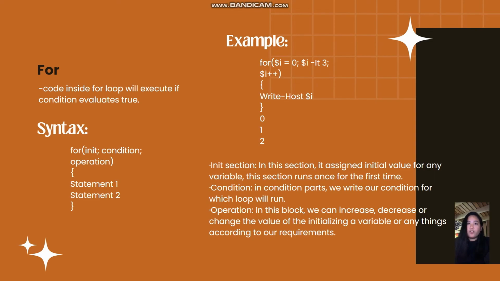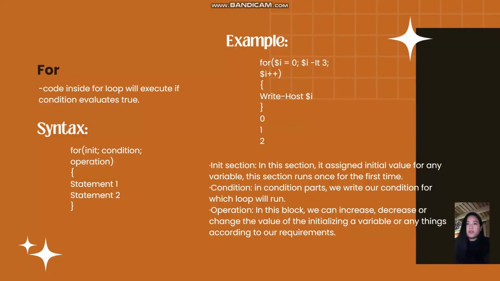We also have for. Code inside for loop will execute if condition evaluates true. So in this section, it assigns initial value for any variable. This section runs once for the first time. Condition.